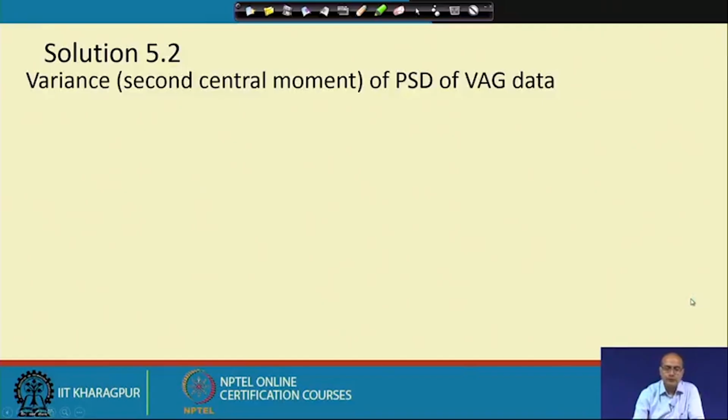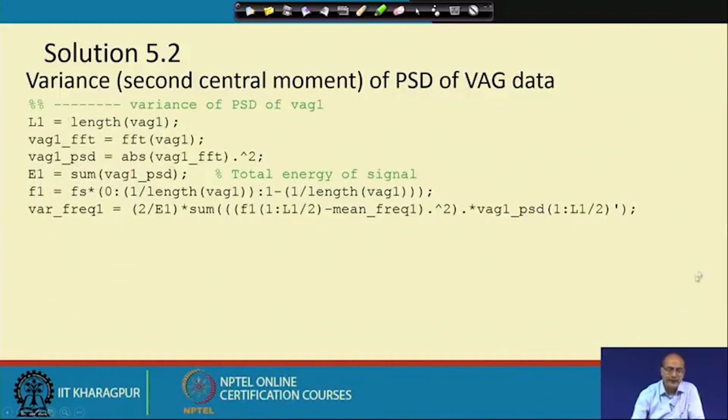Now, let us proceed to get the variance of the signal, okay? Or we can say the second central moment. Here is the equation we get, for VAG1 first we start with that.